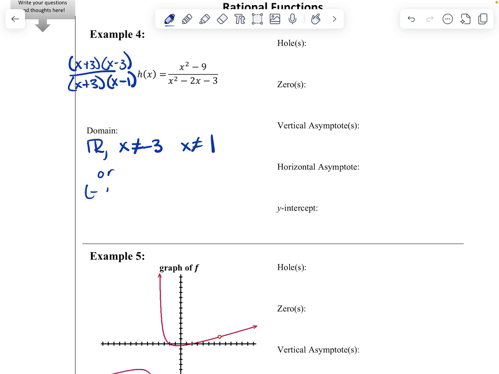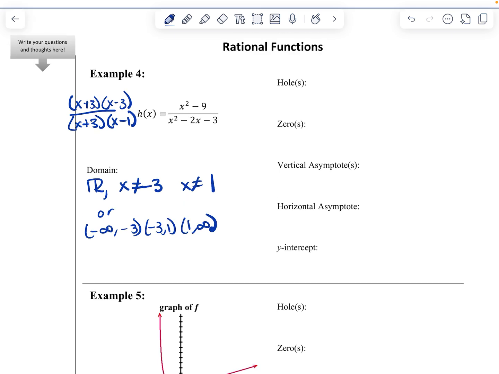Or, again, you could say -infinity to -3, -3 to 1, and 1 to infinity. So is there a hole here? Well, this reduces out, so there's a hole at -3. And if I plug that in, -3 minus 3, -3 minus 1 is -6 over -4. So there's a hole at -3 and 3 over 2.